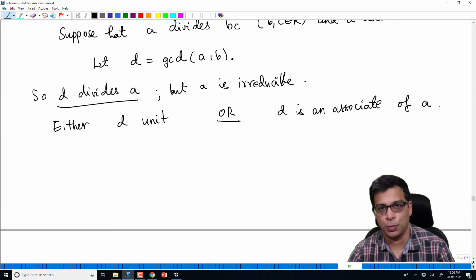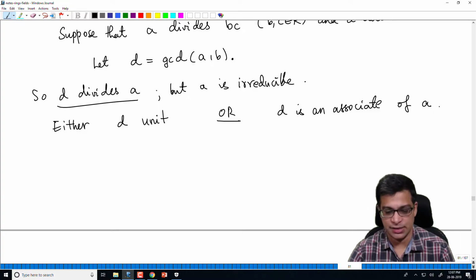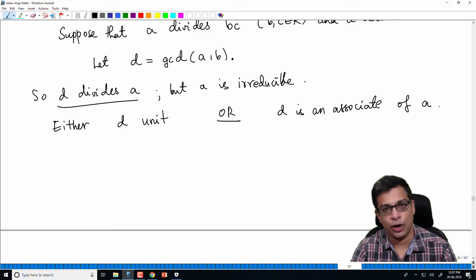Because A is irreducible, A cannot have proper divisors. D is a divisor, so it cannot be proper.